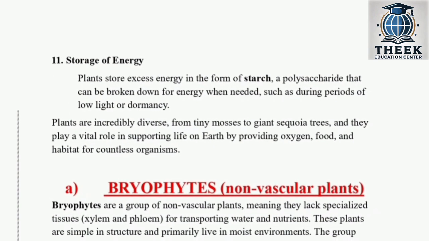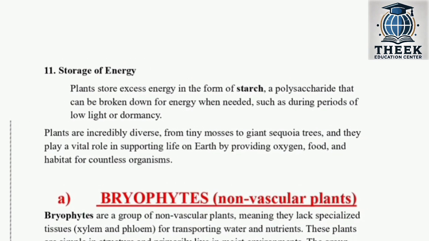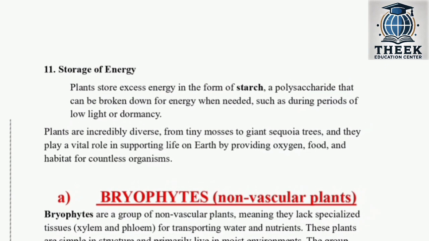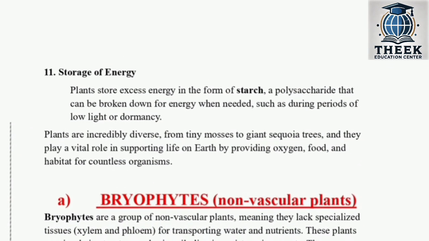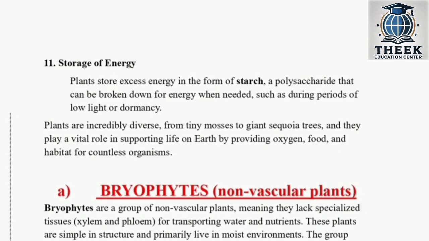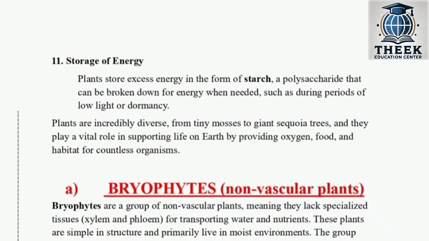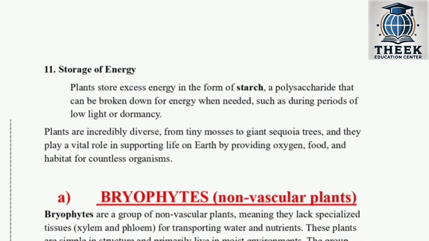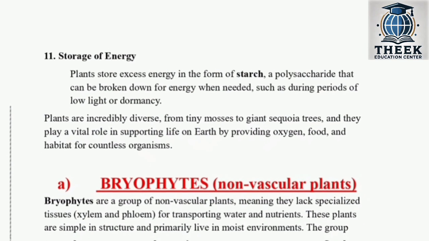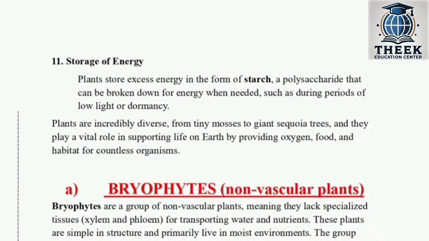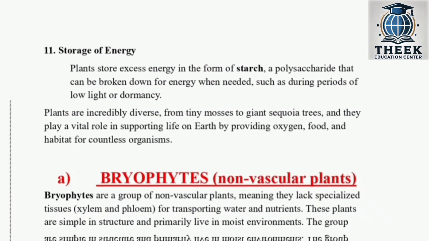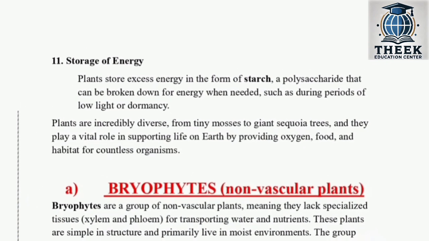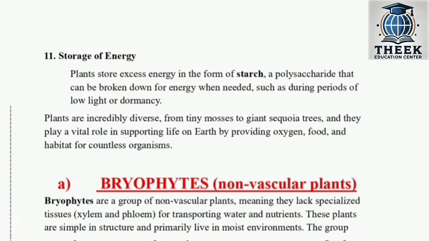So the excess energy produced during photosynthesis is stored in the form of starch, which can be broken down for energy when needed, such as during periods of low light or dormancy.